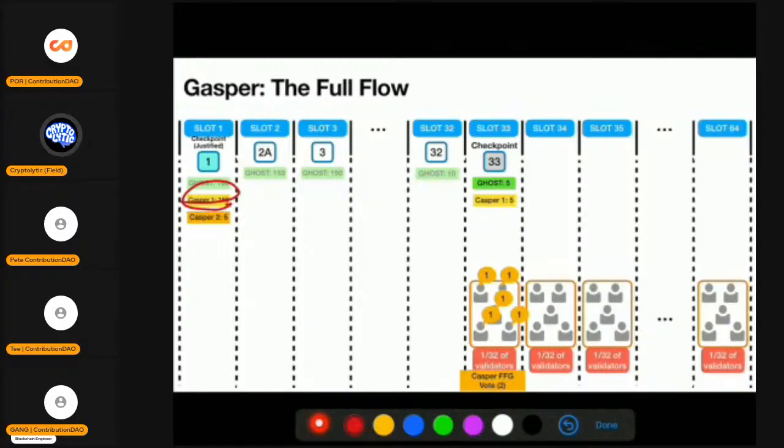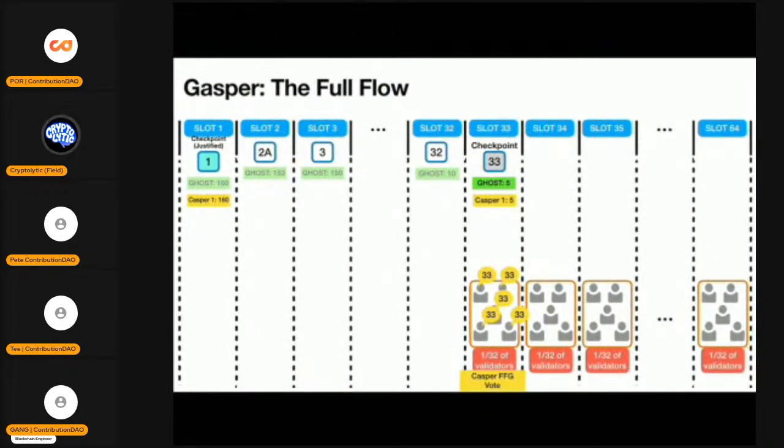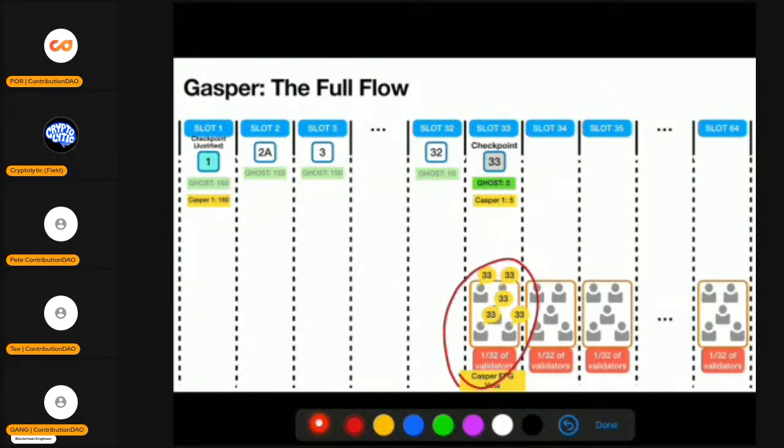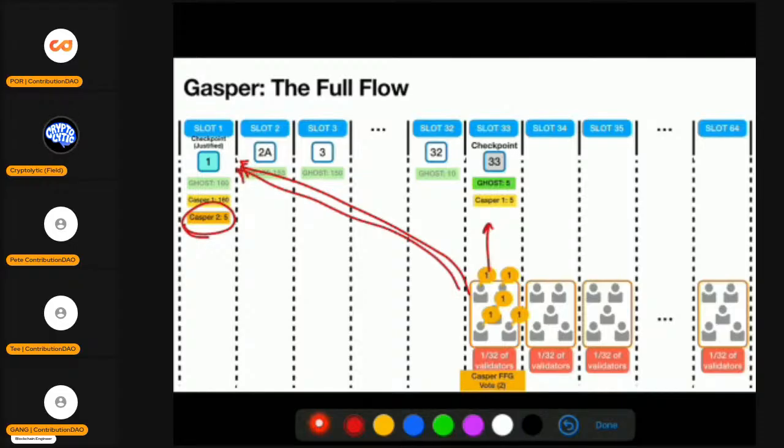So you need the validators in epoch 2 to make another FFG vote for this block as well. So here in epoch 2, the validator has to make 2 FFG votes. The first one is for their checkpoint, and the second one is for the previous checkpoint. I would label it as Casper 2, the second voting phase. So it has to vote for Casper FFG.